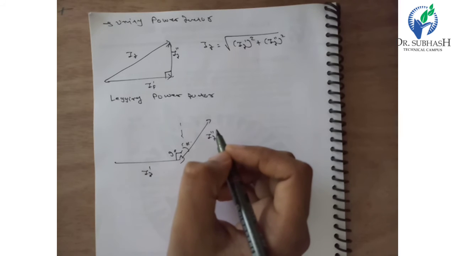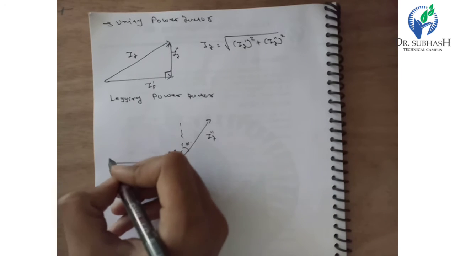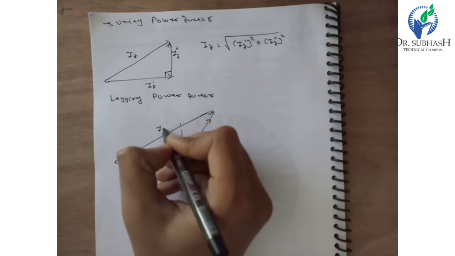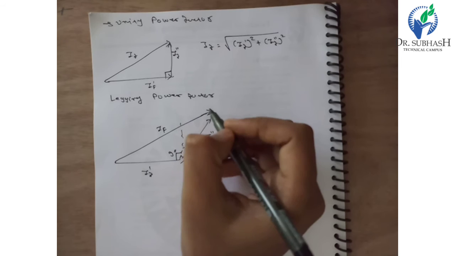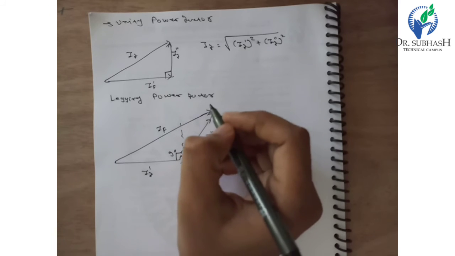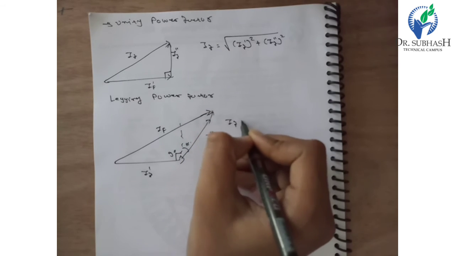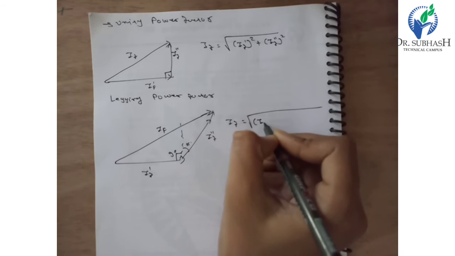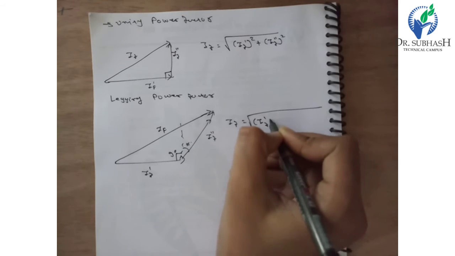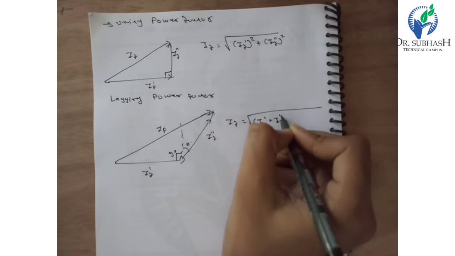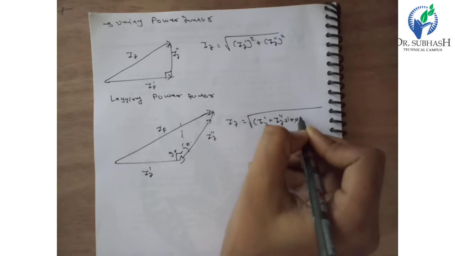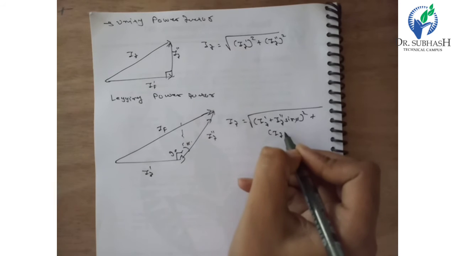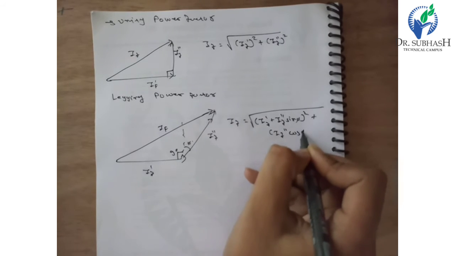The resultant IF is then obtained. The resultant IF is represented as IF equal to root of (IF dash plus IF double dash sin phi) square plus (IF double dash cos phi) square.